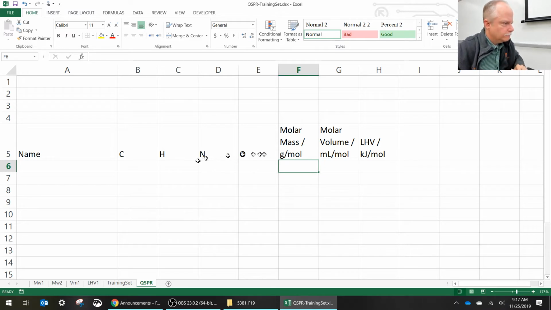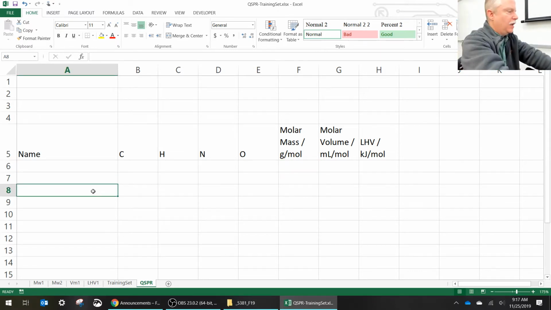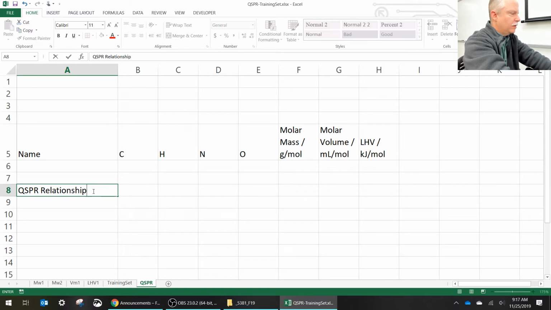Let's go a couple of lines down below the name value and type in QSPR relationship matrix.